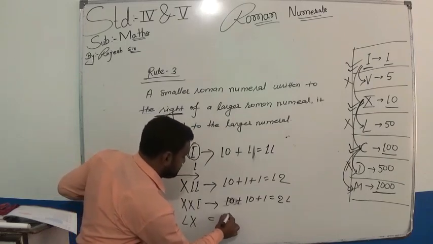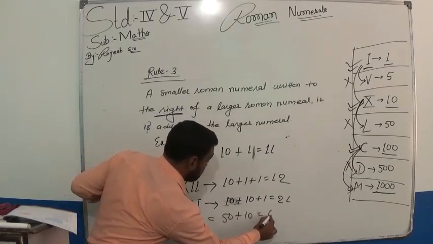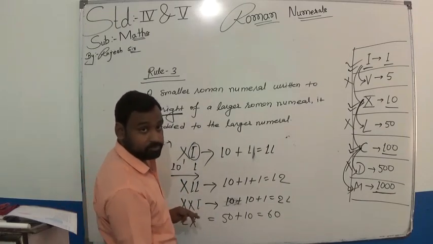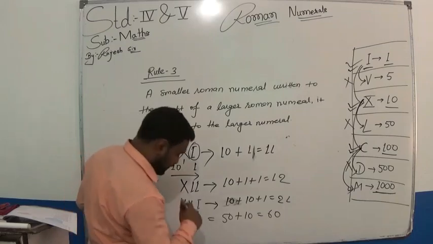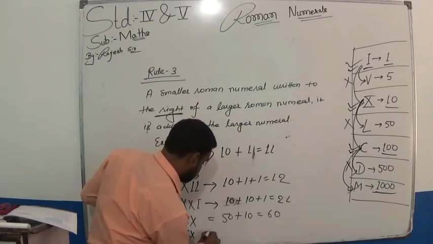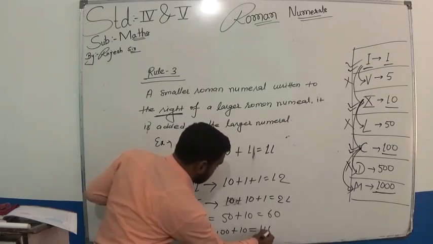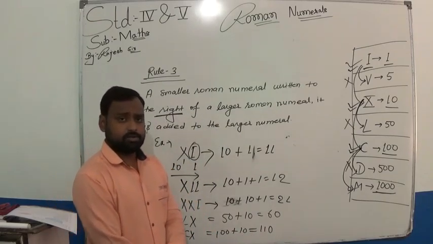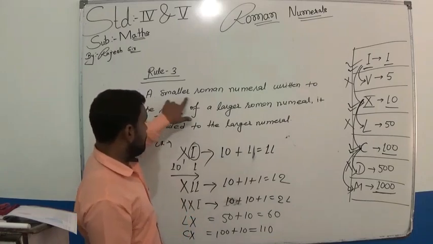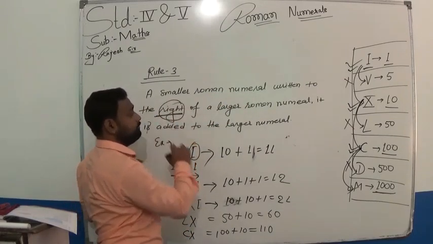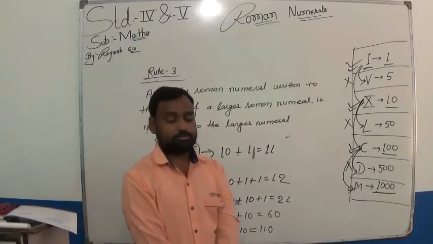LX, 50 plus 10 equals 60. CX, 100 plus 10 equals 110. Same way, when a smaller Roman numeral is written to the right of a larger Roman numeral, it is added to the larger Roman numeral.